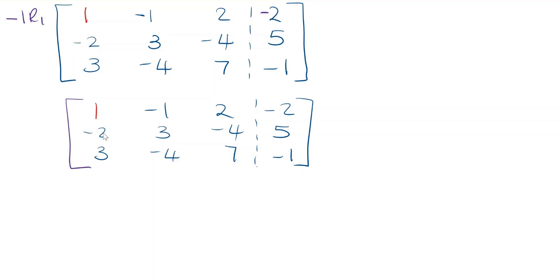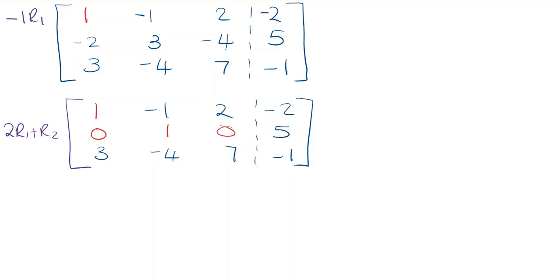Now I want to change my -2 to a 0. I can do this by doing 2 times row 1, and then I add my answer to row 2. So 2 times -2 plus 2, this is going to become a 0. 2 times -1 plus 3, this will become a 1. 2 times 2 is 4 minus 4, so this will become a 0.